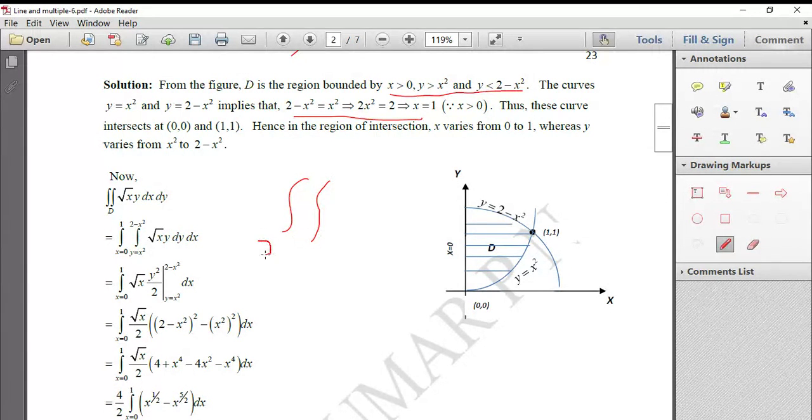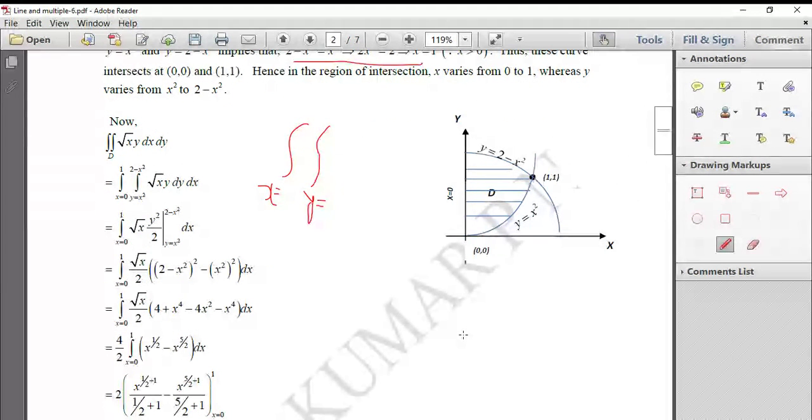One, x is from where to where, and y is from where to where. That is the question we have to answer. Now, see clearly from this picture, our x varies from 0 to 1. This is the line x equal to 1.